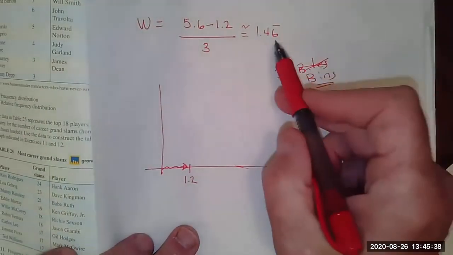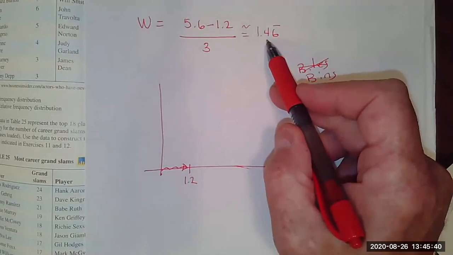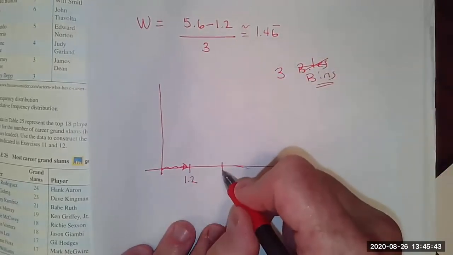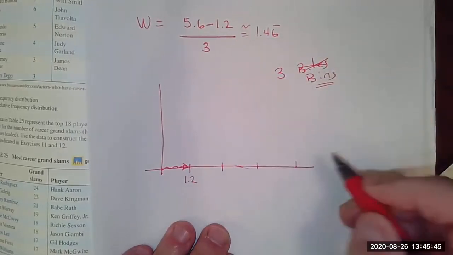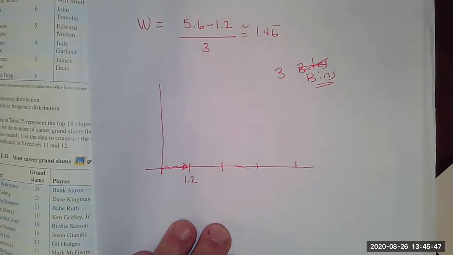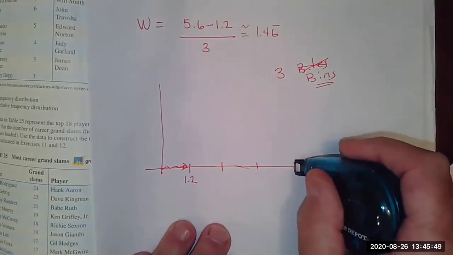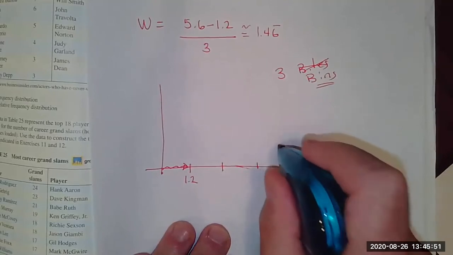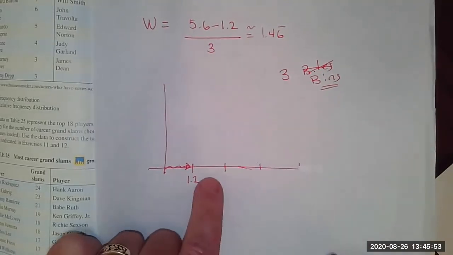Now the width, I have to make a decision, because if I want 3 bins, there's 1 bin, 2 bins, 3 bins. That's as far as you can go. And you want to make sure that the number 5.6 sits over here, because the 1.2 will sit right there.